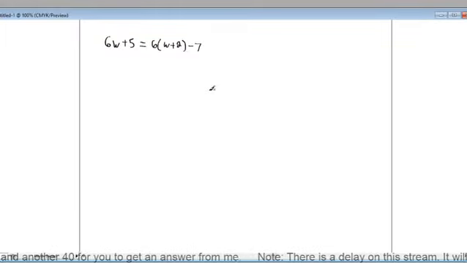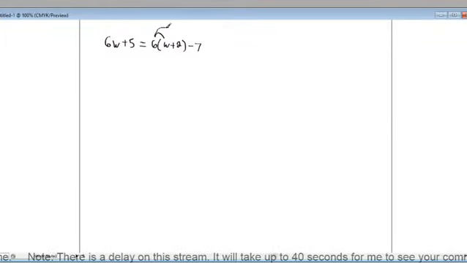So like before, we have parentheses in this one, and we want to make sure that we get those parentheses cleared out. So same first step, we're going to use our distributive property. So 6 is going to go into that set of parentheses there.